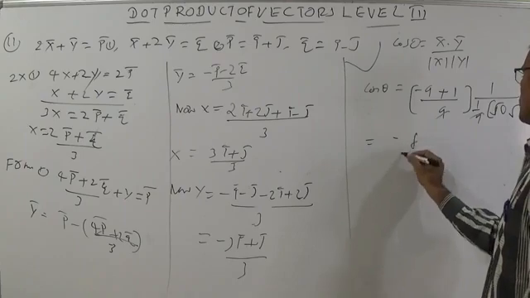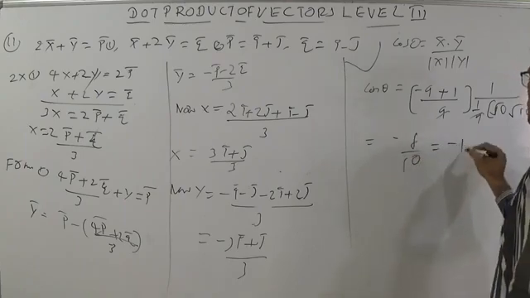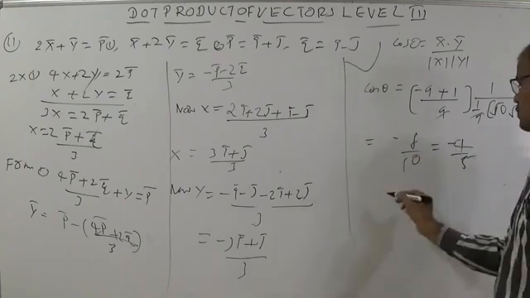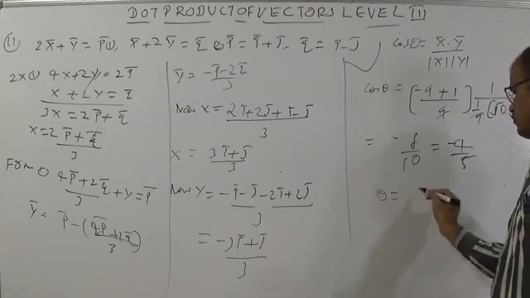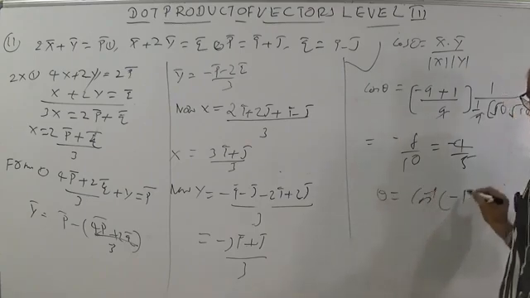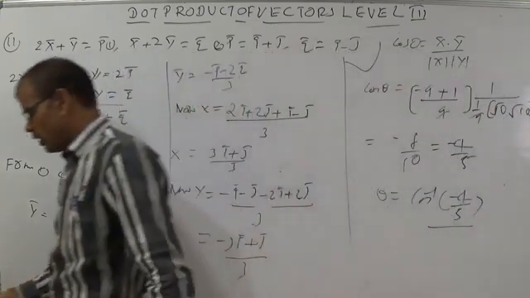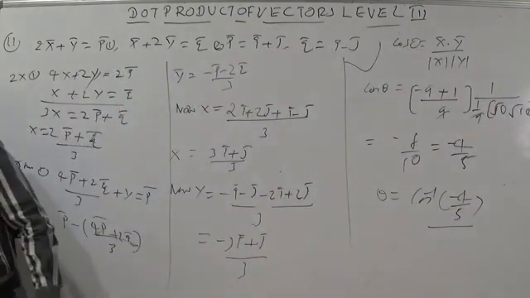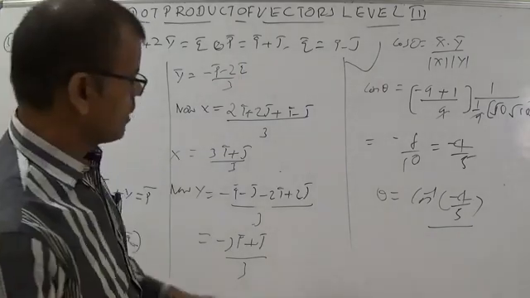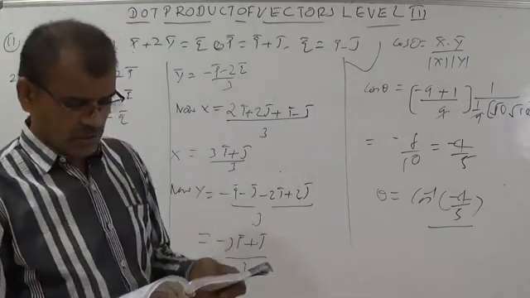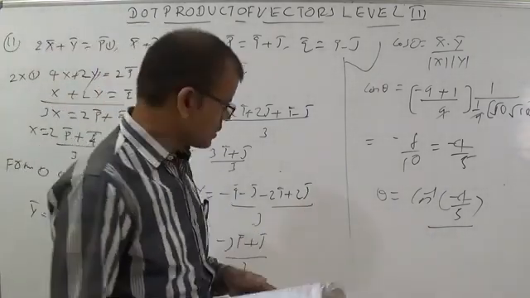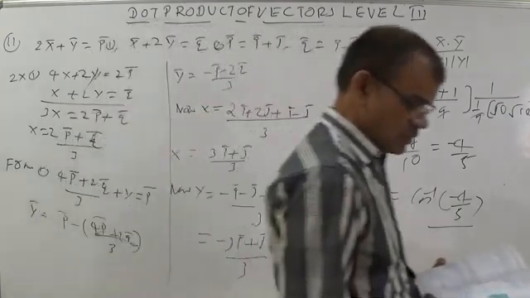Here you will get minus 8 by 10. So cos theta equals minus 4 by 5, or theta is equal to cos inverse of minus 4 by 5. If cos inverse is given with a minus, then you get pi minus cos inverse. No need. According to the options, the third option matches. Next, 12th question.